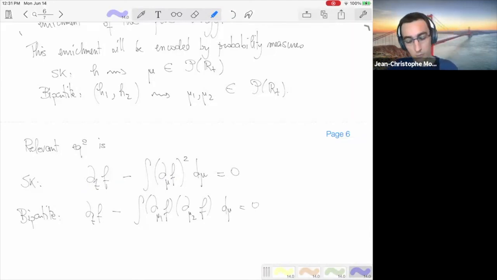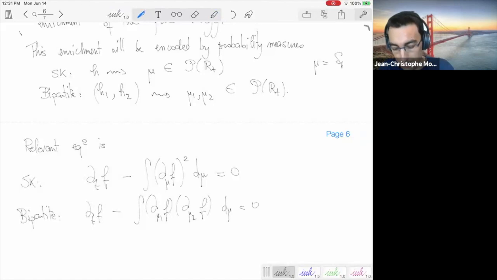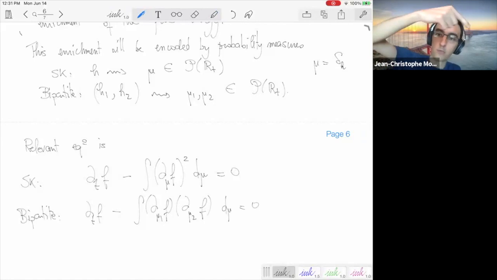Yeah, perhaps one thing I could add is that in this extension where we replace H by mu, we can recover the original, quote unquote, naive guess for the free energy in the case when mu is the Dirac at the position. Okay, this allows us to go back to what the naive guess is doing.